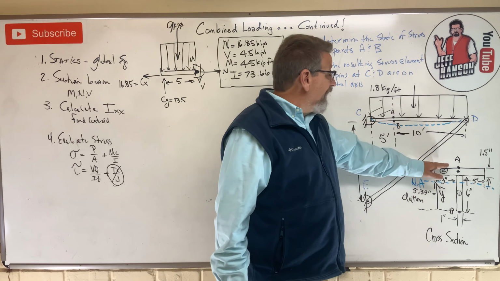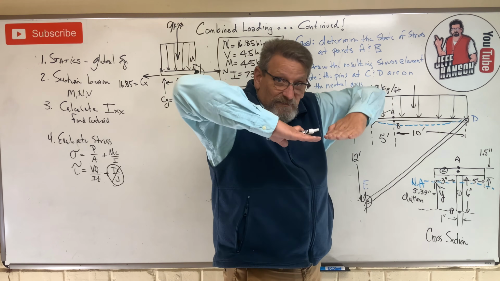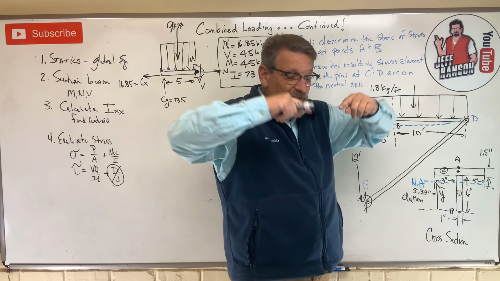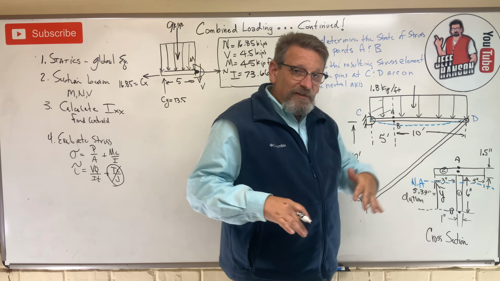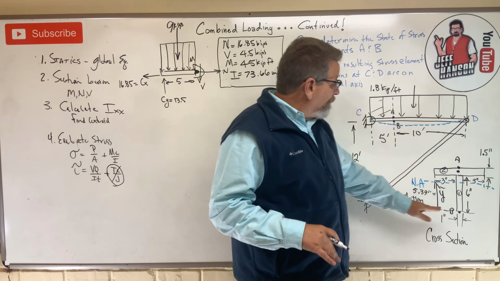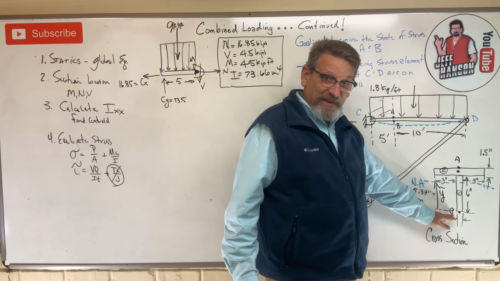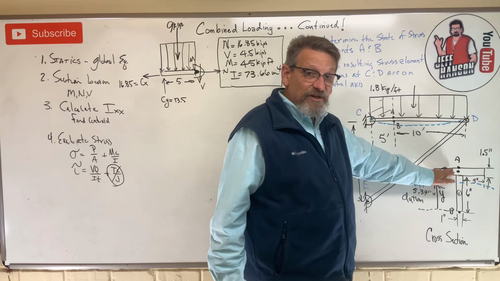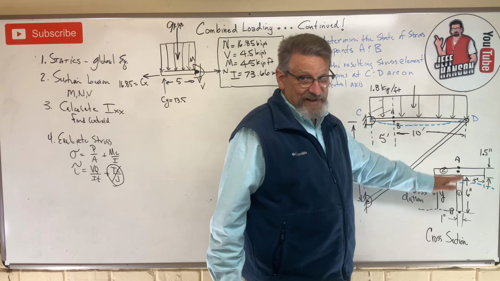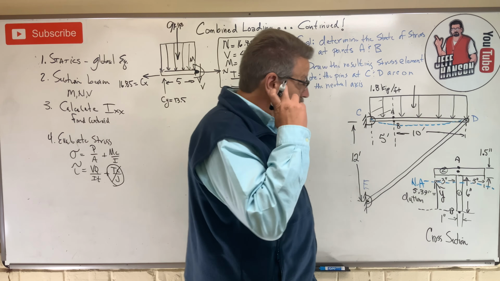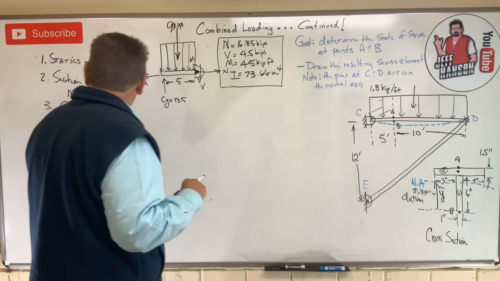So if I live on the top of the beam, what do you think? I'm being compressed. If I'm on the bottom of the beam, I'm being stretched. So point B is going to be in tension from bending, and point A is going to be in compression from bending, okay? So that's an important thing to kind of remember there, okay?